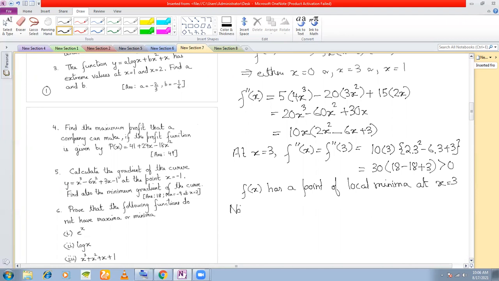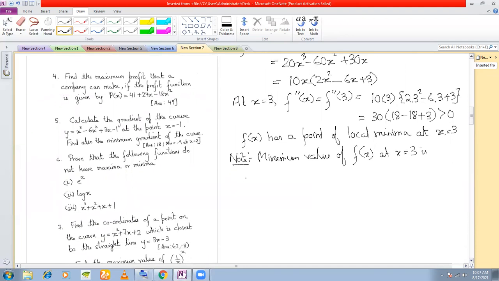And since minimum value is not asked, but still we want to calculate the minimum value of f(x) at x is equal to 3, put it in the function: f(3) is equal to 3 to the power of 5 minus 5 into 3 to the power of 4 plus 5 into 3 cube minus 1.